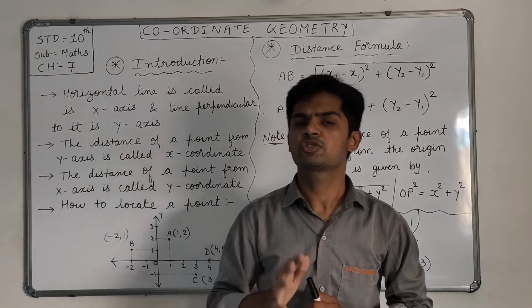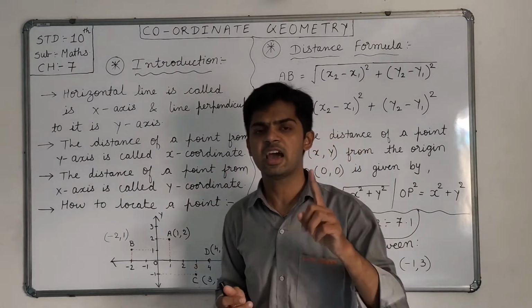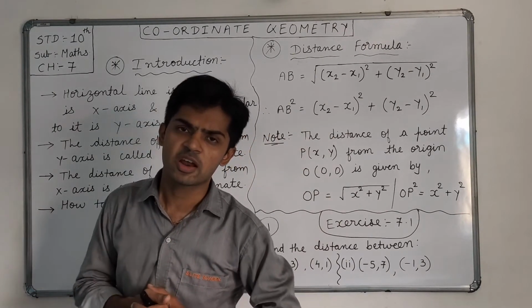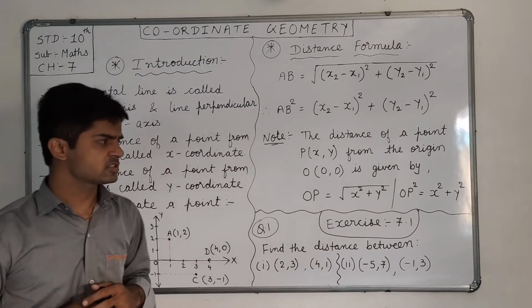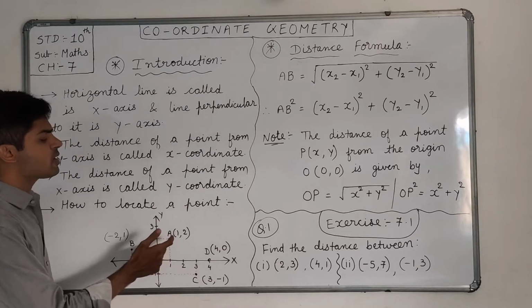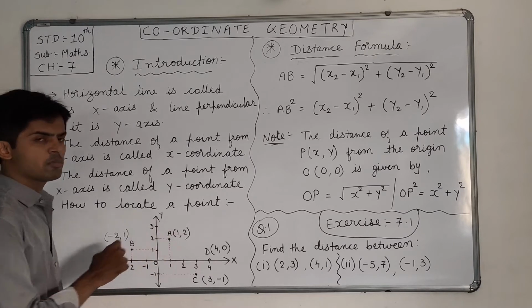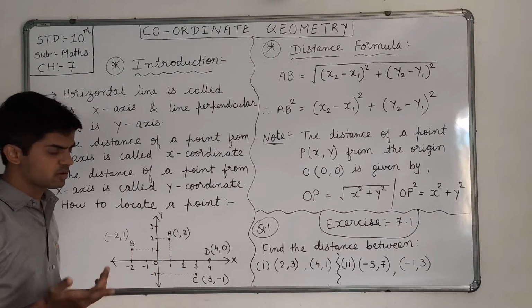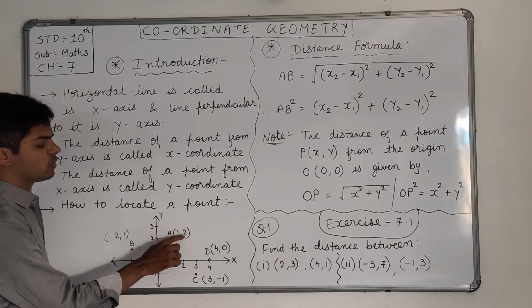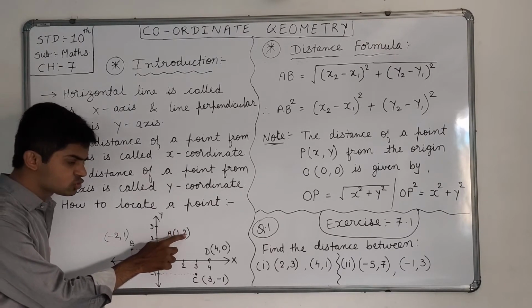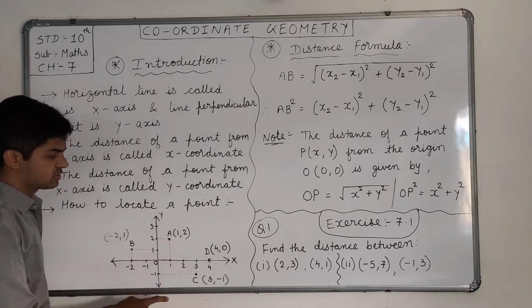In that, the first value belongs to the x-axis and the second value belongs to the y-axis. But still we will revise it. Suppose I want to locate the point 1, 2. Here I have already located the point, right? How to locate 1, 2? The 1 belongs to the x-axis and this 2 belongs to the y-axis.